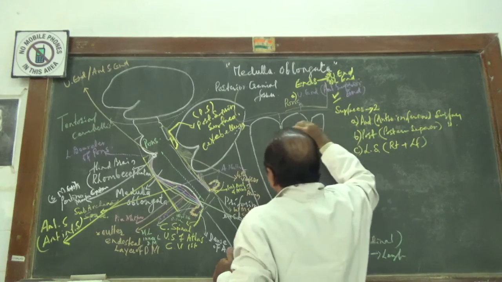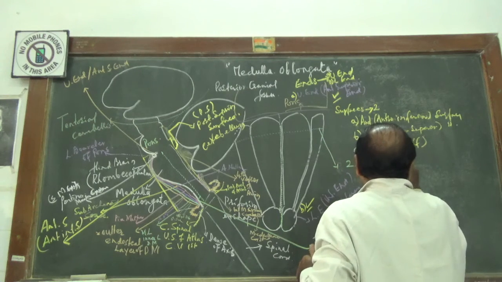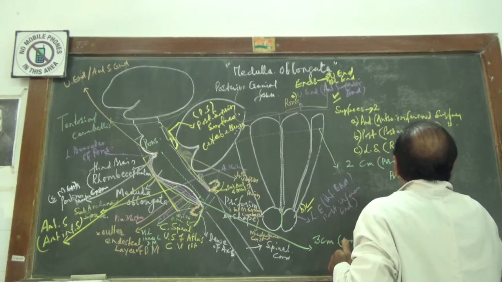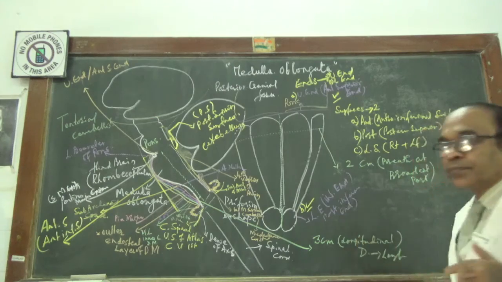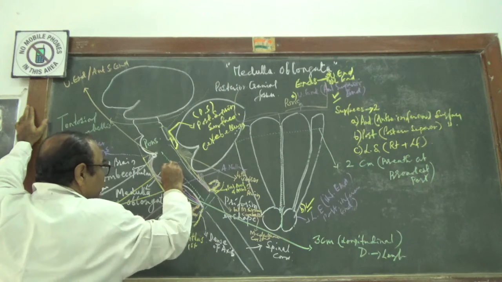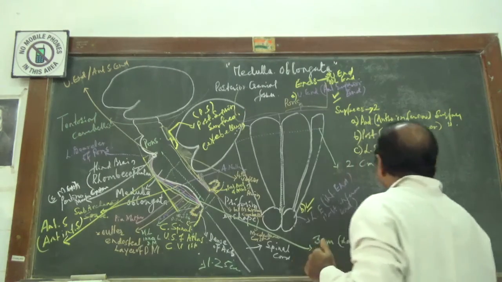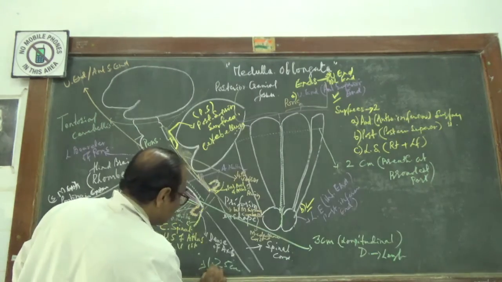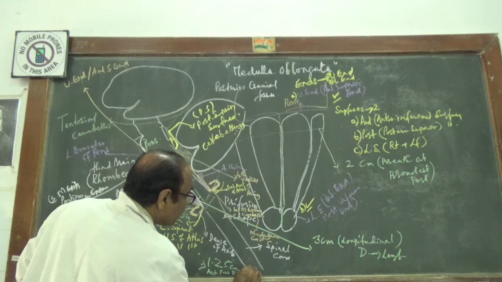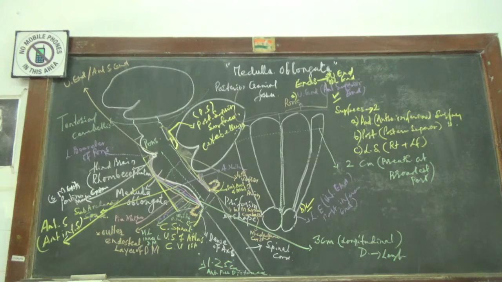Its breadth at the broadest part, near the upper end, is 2 centimeters. Then the anteroposterior distance is 1.5 centimeters. So this is what you will get into.